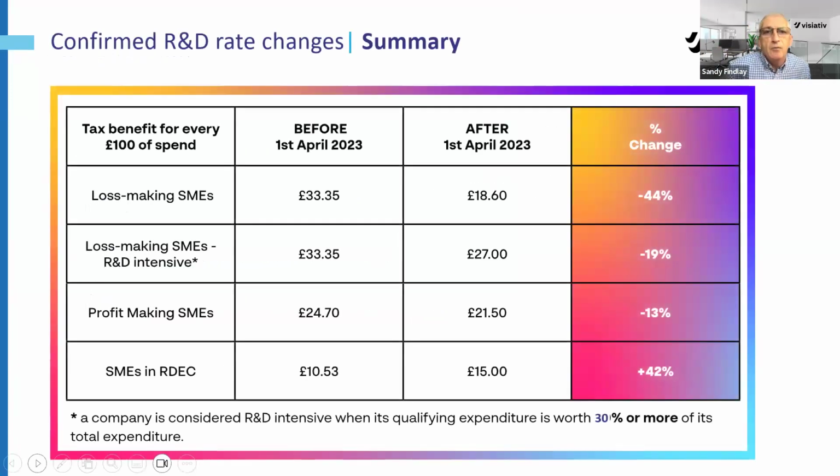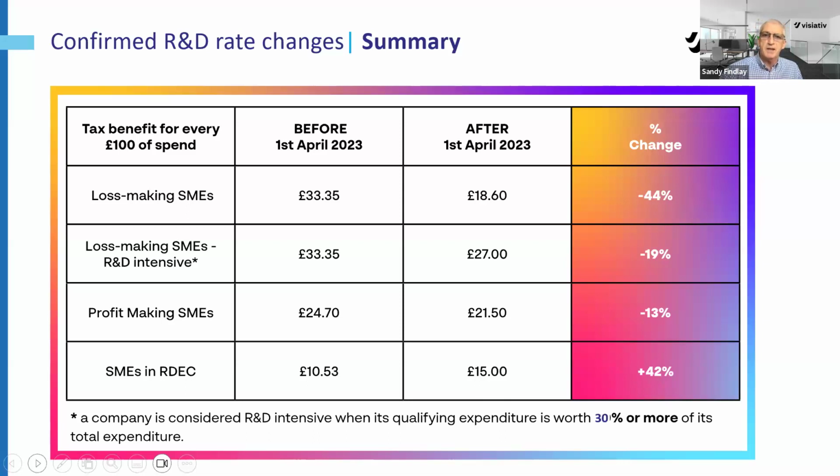There we go. Just to summarize the changes in benefit, from April last year through to April this year, the typical SME will see its net benefit for £100 spent go from £24.70 down to £15. So that's your 39% reduction.